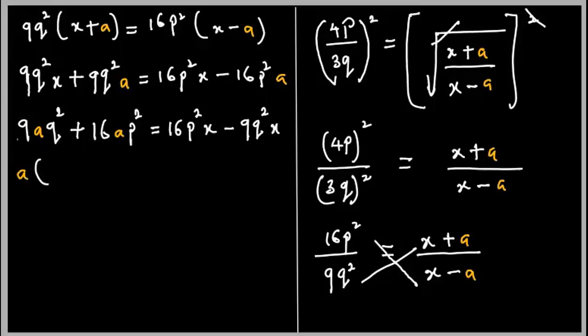The rest should be 9a squared divided by a, which is 9q squared, then plus 16a squared divided by a, which is 16p squared, and equal to. So what's next here?